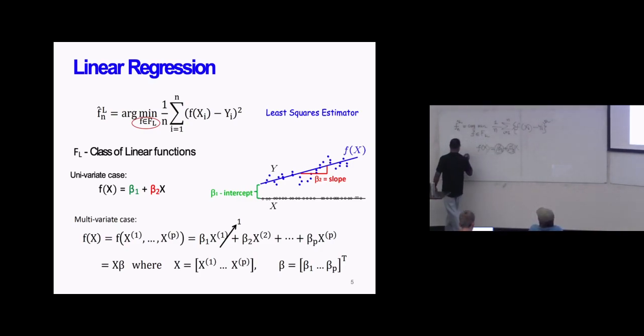So what happens is you have function of x is equal to x beta, where your x is kind of x1, x2, dot dot xp, and your beta is like beta 1, beta 2, beta p, right?